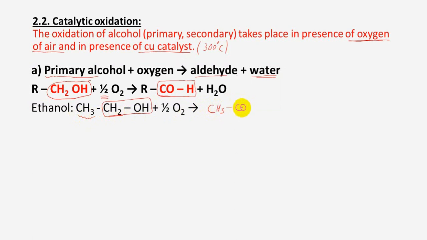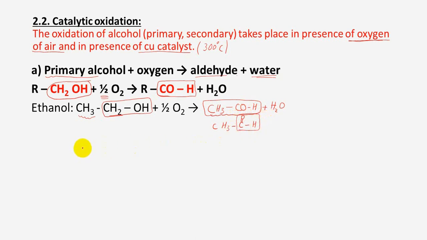I can write it as C double bond O, H, plus the other product is H2O. Also, I can write this aldehyde as CH3 C double bond O and H, plus the other product is water.